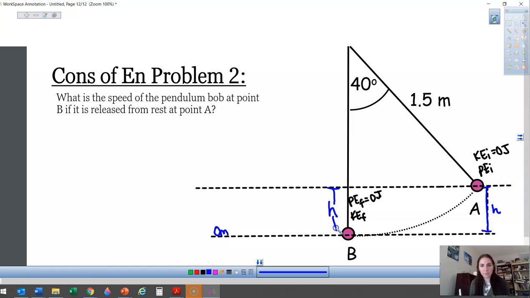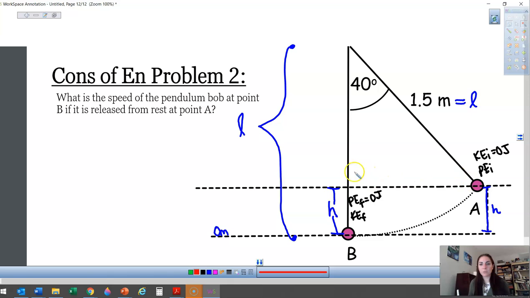We need this height. We're given the full length of this, right? And quite technically, from the very top right here to here, this is also L, right? Because the pendulum doesn't actually change its length at any one point.